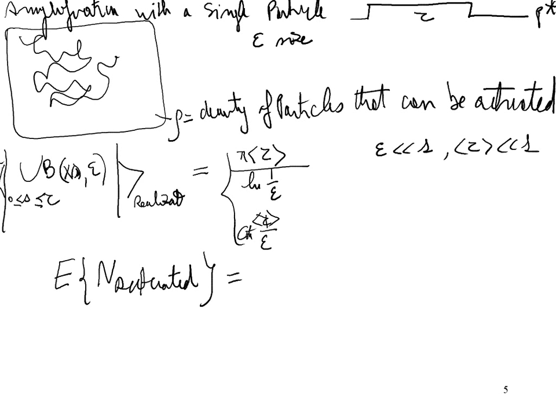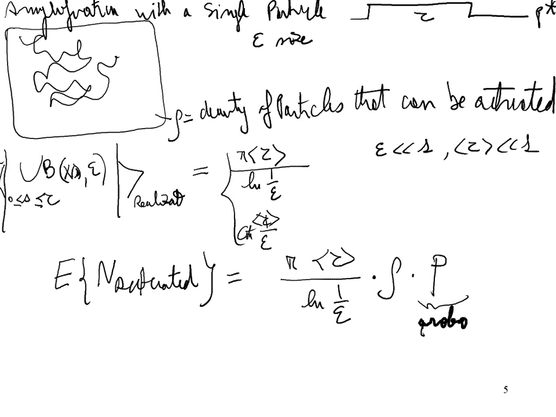So actually, what would be really necessary to do this calculation properly is to use the self-avoiding random walk. So an overestimation is given, in dimension 2, by pi tau over log of 1 over epsilon, multiplied by the density. And if there is a certain efficacy of this activation, we can multiply by this probability, the probability to be activated.